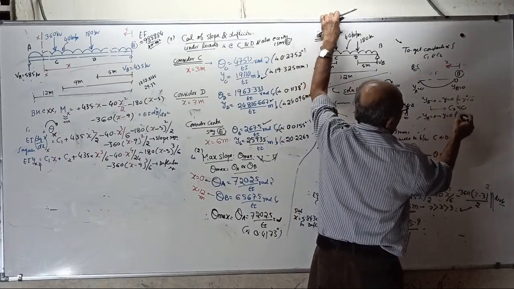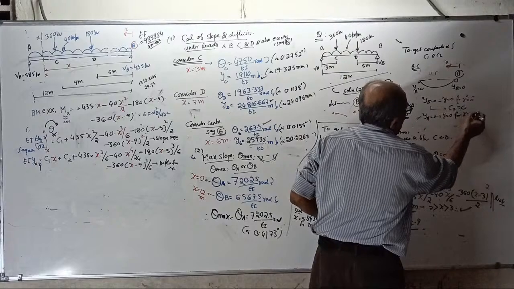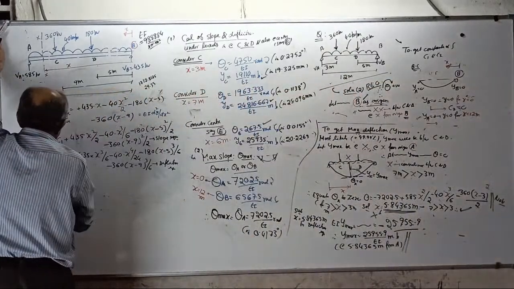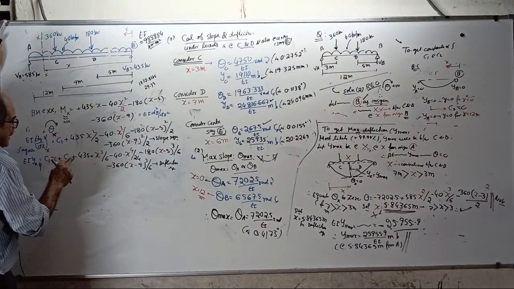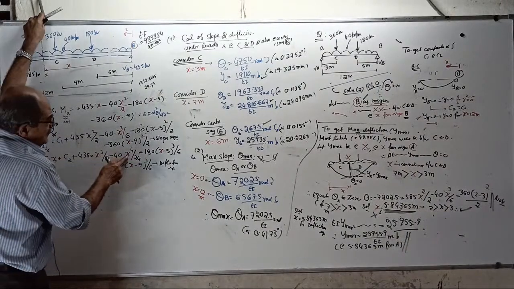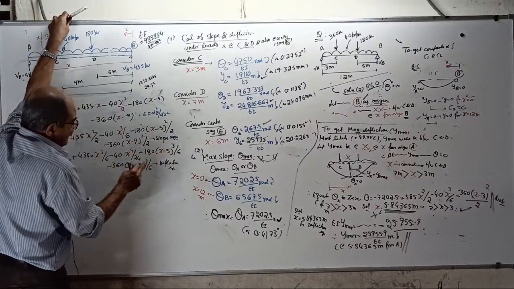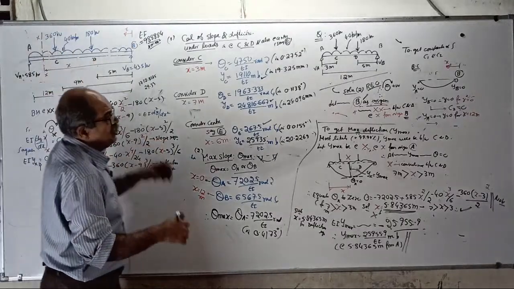Then y at A is 0. Y becomes 0 for x equal to 12 meter. Substitute: 0 equal to C1 into 12, plus C2 0, 12 cube by 6, 12 power 4 by 24, 12 minus 5 is 7 cube by 6, 12 minus 9 is 3 cube by 6.